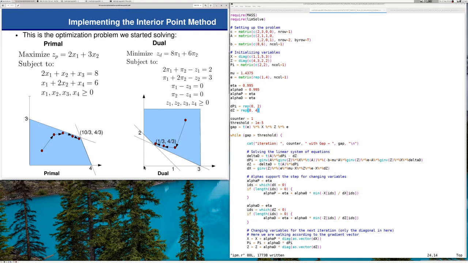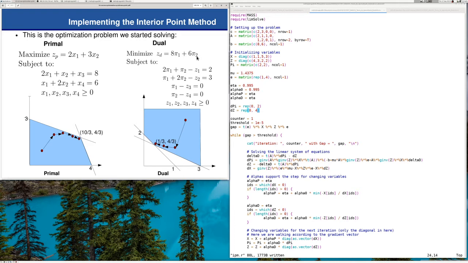Here we've got pi1 and pi2 as our variables, okay? So this is our objective function, the primal problem, 2x1 plus 3x2. Here we've got the objective function for its dual, 8 pi1 plus 6 pi2.